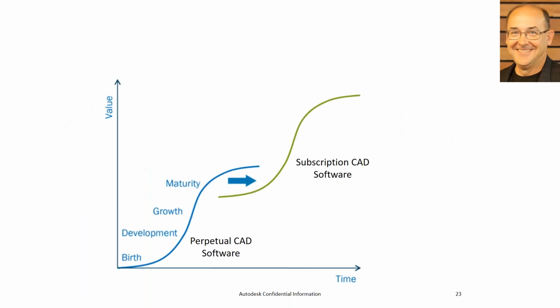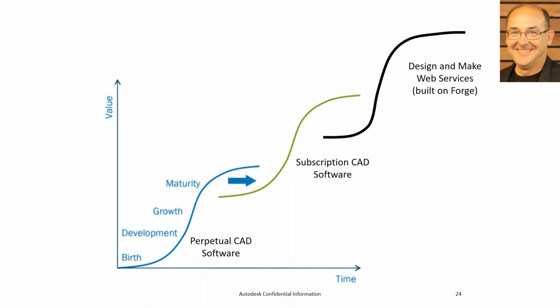But I thought I'd just take the opportunity when I'm talking about the Autodesk business to talk about the next wave that is coming based on Forge. So as we move from the perpetual, single product wave to the subscription collection wave, there is another wave that's building.